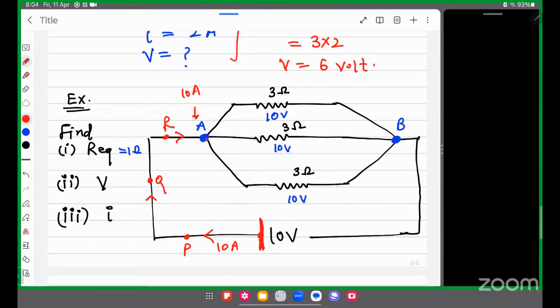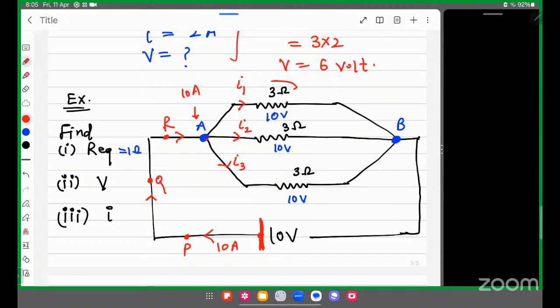Now at point A, there is 10 ampere current, and from point A, there are three different wires. So here will be the distribution of the current, and current will go in different branches with different values. Let's say here it will go with I1 value, with I2 value, with I3 value. But this is a simple question, and in this question we have symmetry in all the components of the circuit.